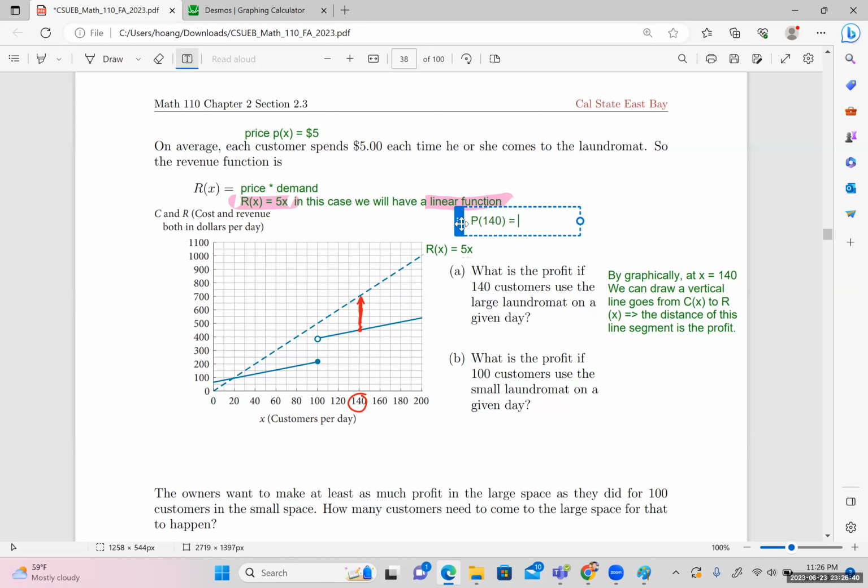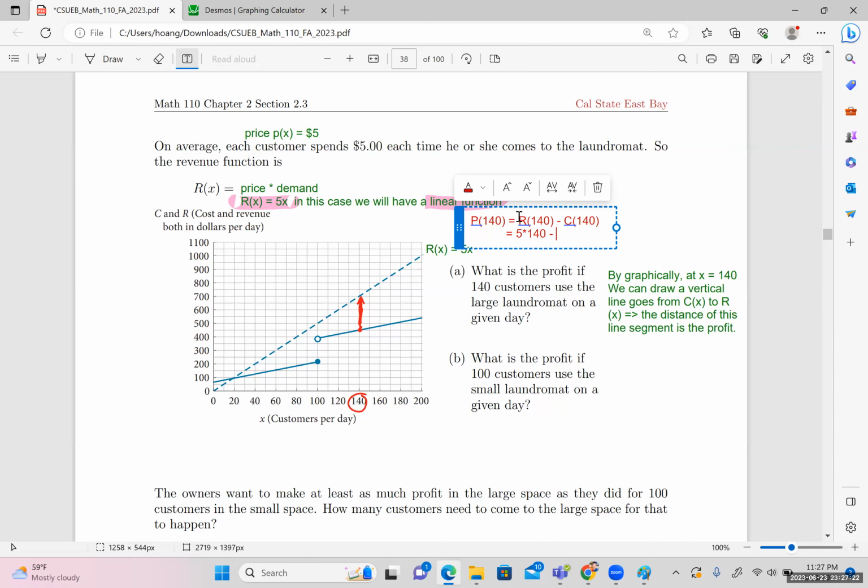So I will write up here, profit will be equal to revenue at 140 minus cost at 140. What is the revenue at 140? Let's substitute: 5 times 140, minus the cost at 140. How can you find that?